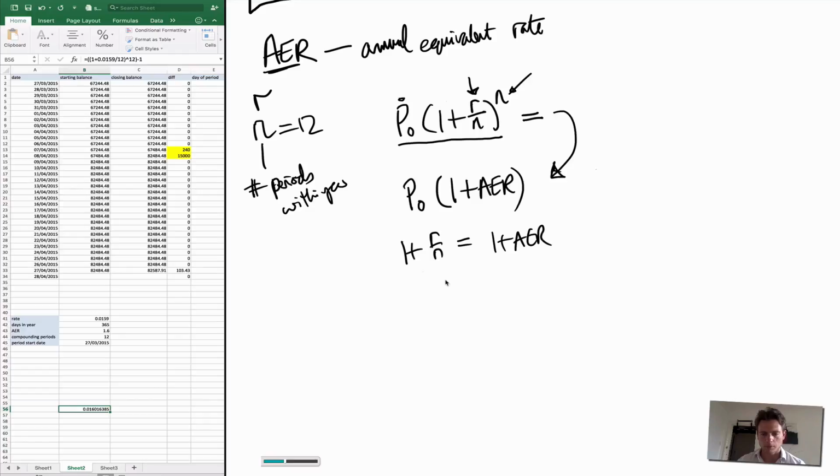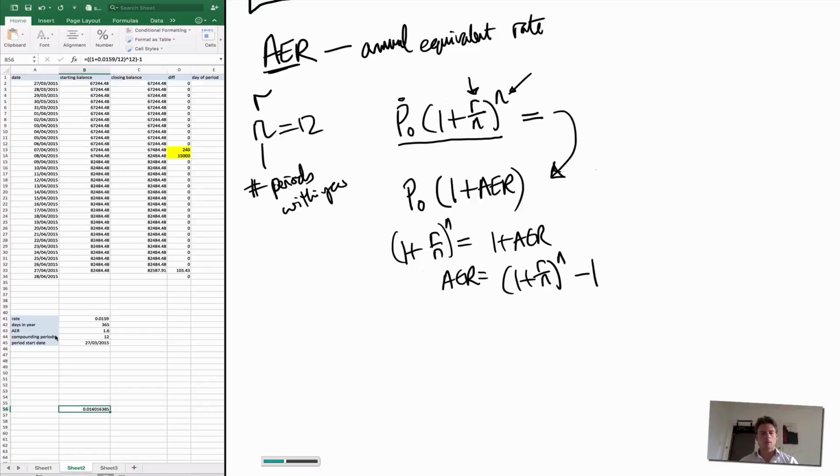I said this was going to be from the basics. I didn't lie. So AER, the annual effective rate, equals 1 plus R over N to the power N, minus 1, right?